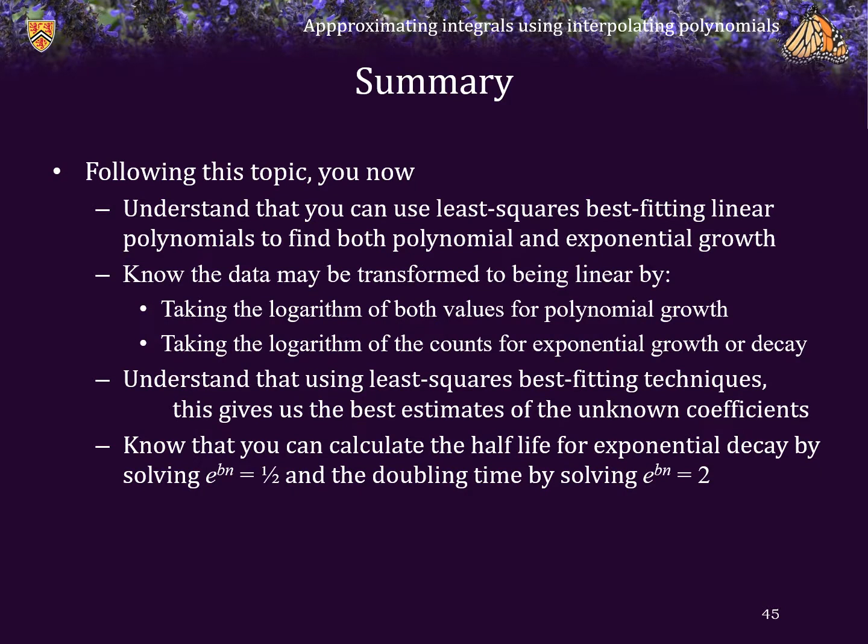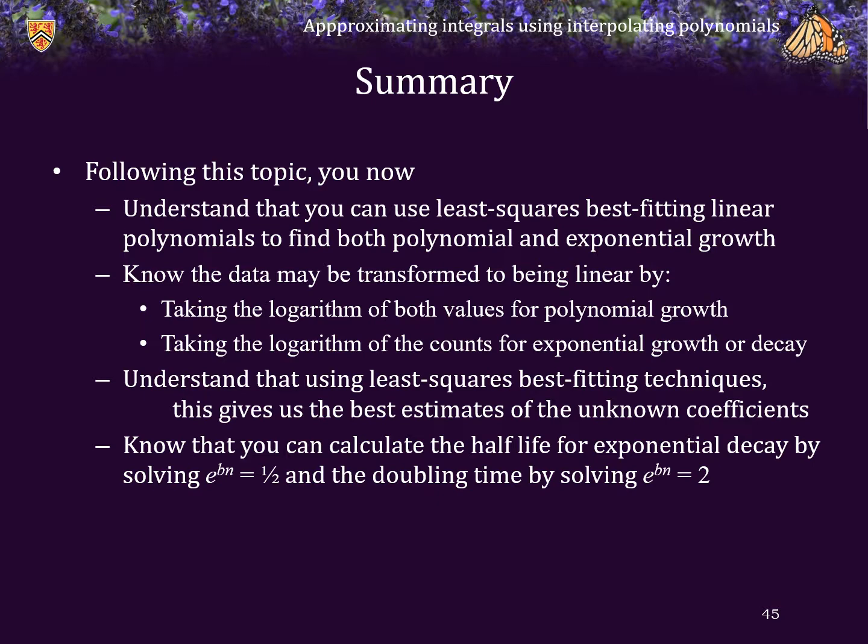Following this topic, you now understand that you can use least squares best fitting polynomials to find both polynomial and exponential growth. You know that the data can be transformed into linear data by taking the logarithm of both values for polynomial growth and taking the logarithm of the counts for exponential growth or decay.